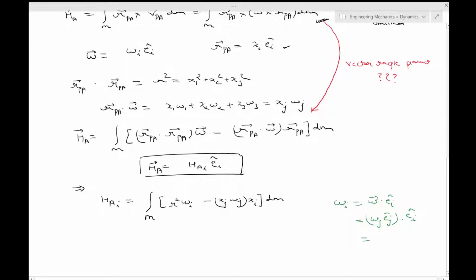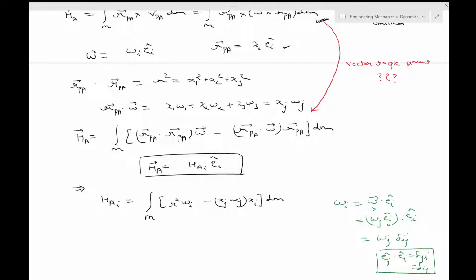Then this omega j ej dot ei can be written as omega j delta ij. Remember, ej dot ei will be equal to delta ji, or this will be equal to delta ij. So I hope you can recall all this.